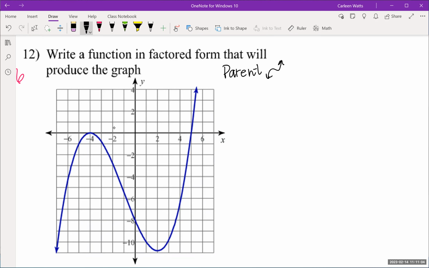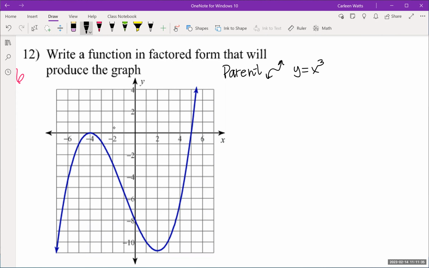What degree function is this judging by the parent? X squared, negative x squared, x cubed, negative x cubed. What is the exponent? What is the degree? Correct. Y equals x cubed. Got that from that chart.